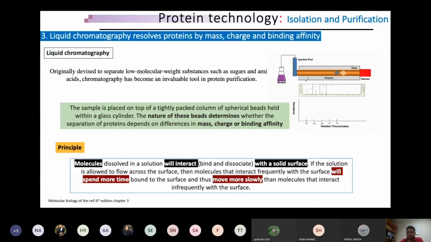So this is just a depiction of how it happens. You have a sample, you load it onto a column, and by the end of the day, the column is eluted. It's just a depiction, don't think that it's always horizontal. At the end, there are different tubes, and then there is a detector.